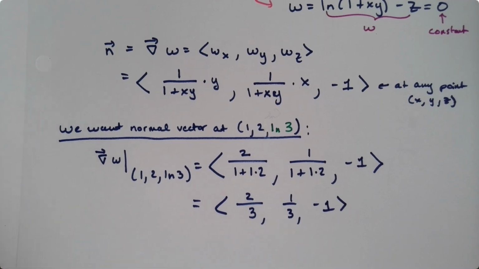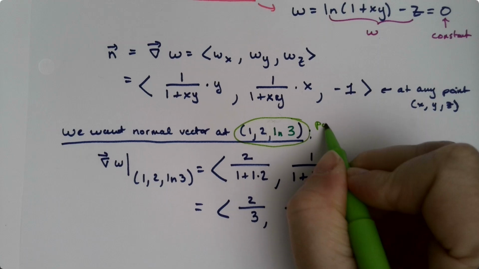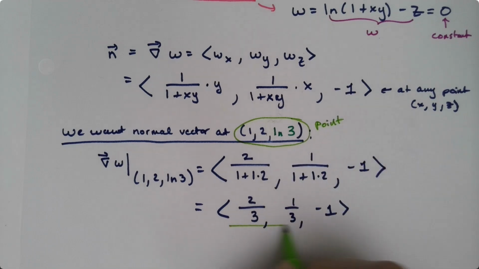All right, so let's put it together. We have our point, right? Here's our point. We have our normal vector.